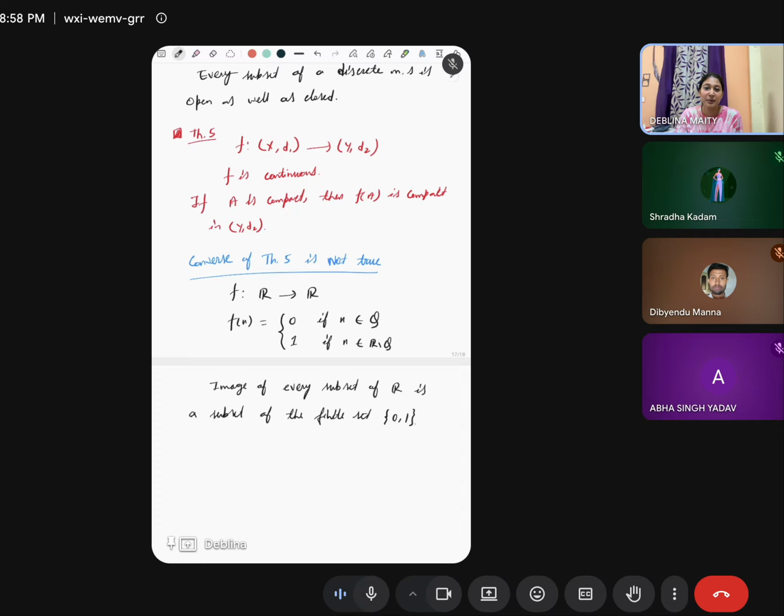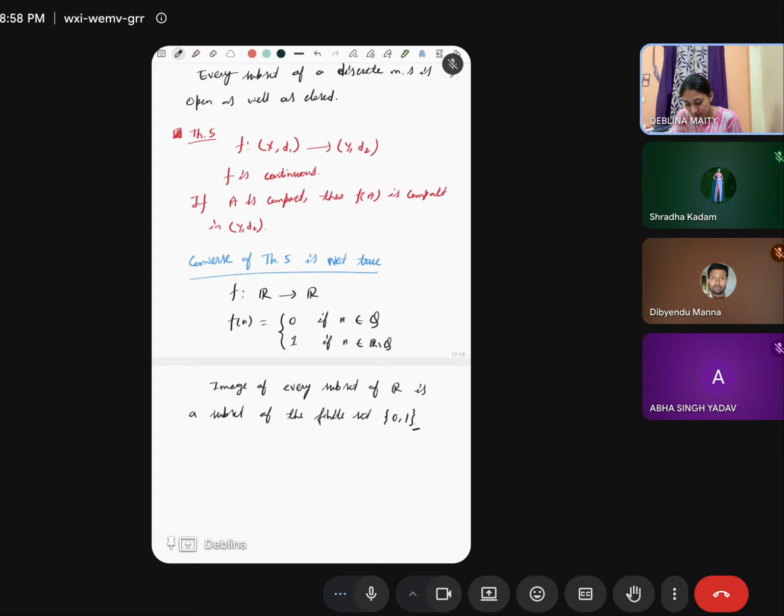This set {0, 1} is compact and every subset of {0, 1} is compact. So the image of every compact subset is always compact, but this function f is not continuous, right?